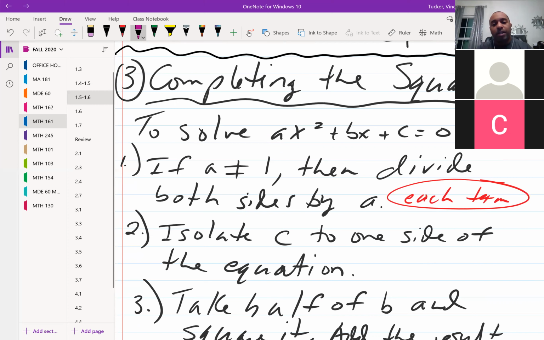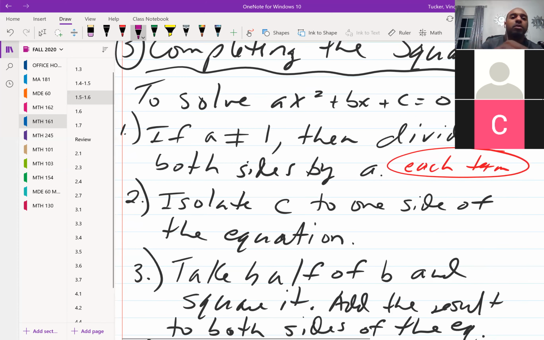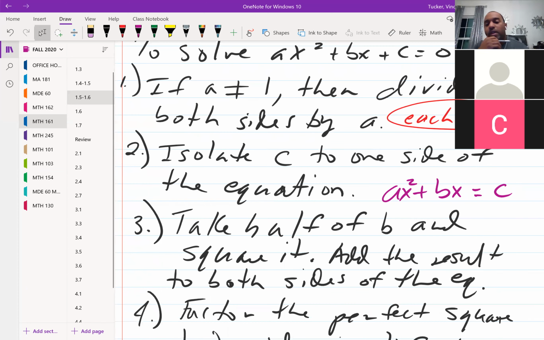Second step, isolate c to one side of the equation. Generically, that'd be ax squared plus bx equal to c. You want to put c on the other side of the equation. Then we'll take half of your b term and square it.